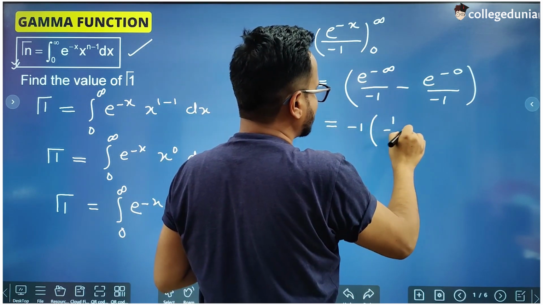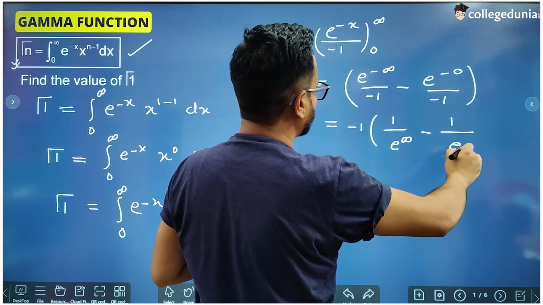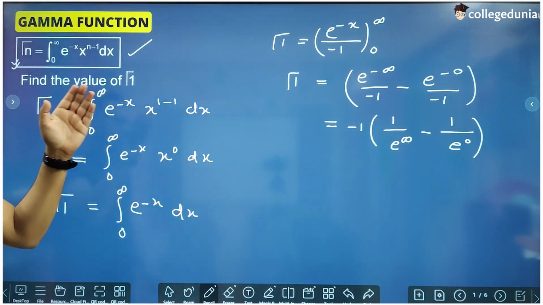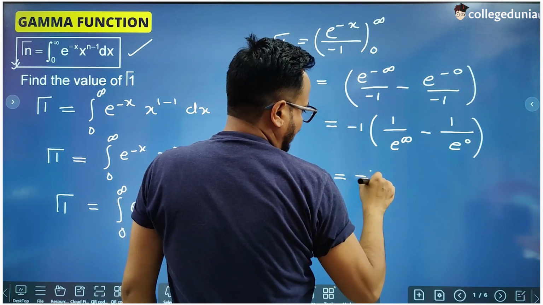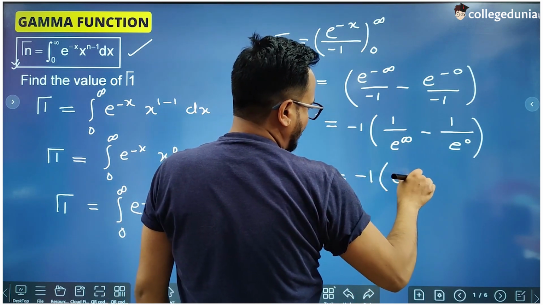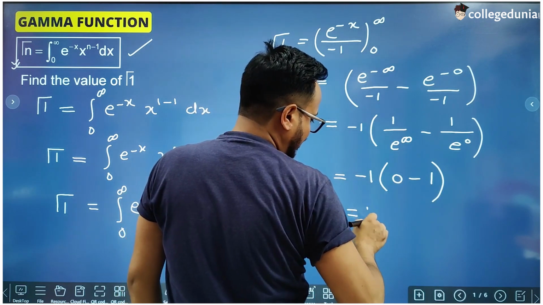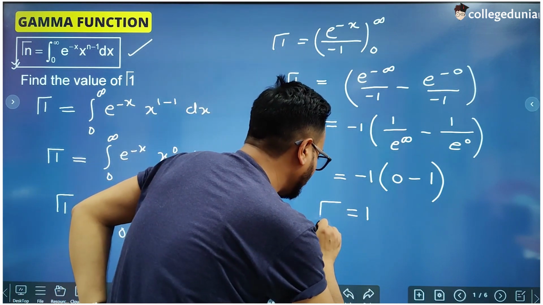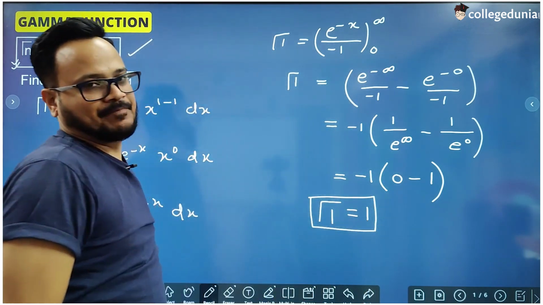E to the power minus infinity is 1 upon e to the power infinity, which is 1 upon infinity, which is 0, minus e to the power 0, which is 1. So this answer is 1, and it is a very important result in gamma functions that gamma 1 is 1, right?